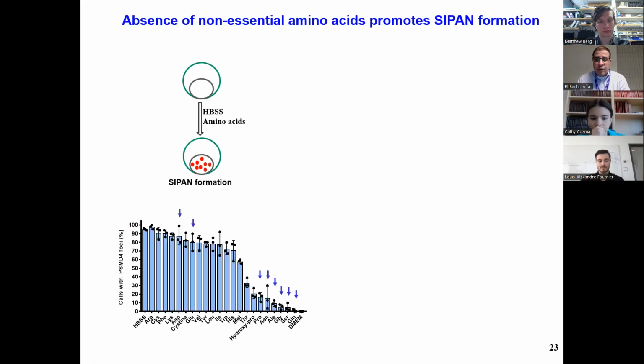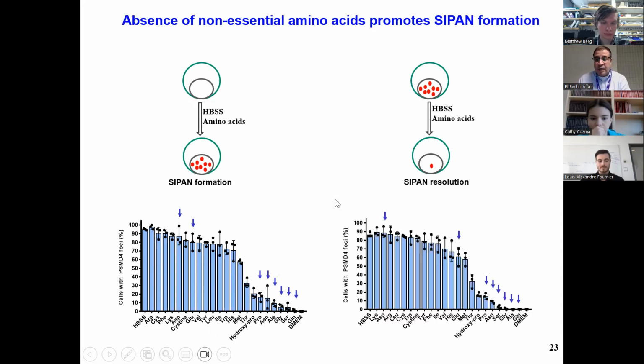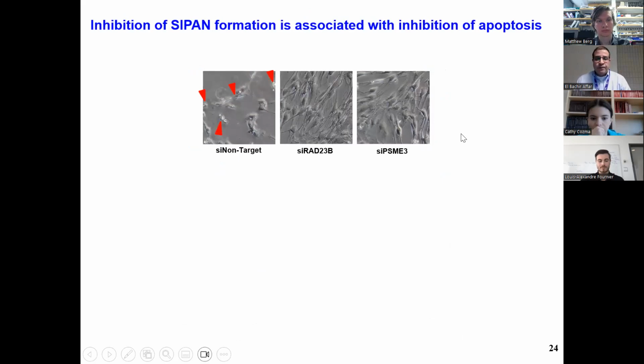In fact, we took the amino acids one by one, and we did our starvation experiment, and mainly the non-essential amino acids can prevent this liquid phase separation of the proteasome. We can see that for the formation of the foci and also for the dissipation of the foci.